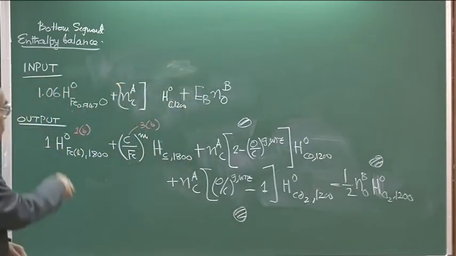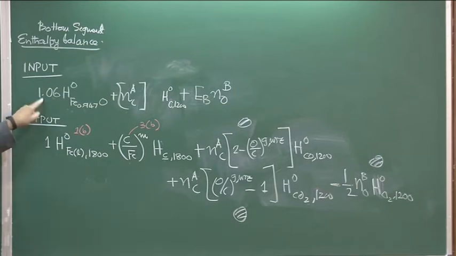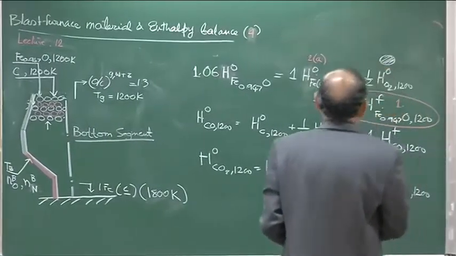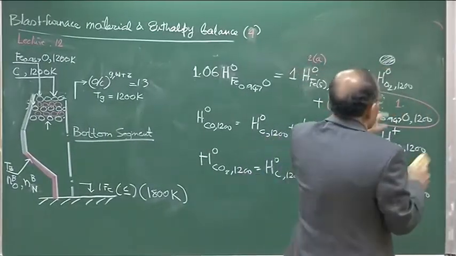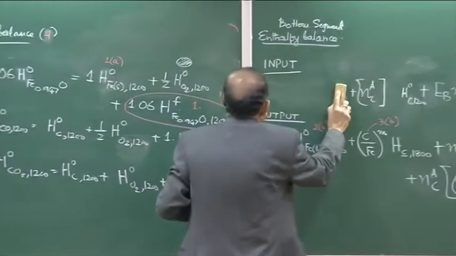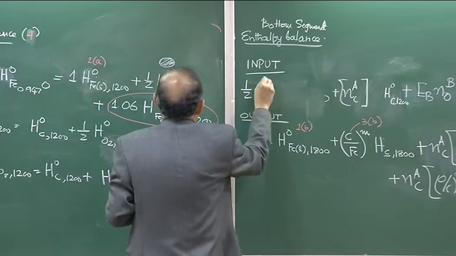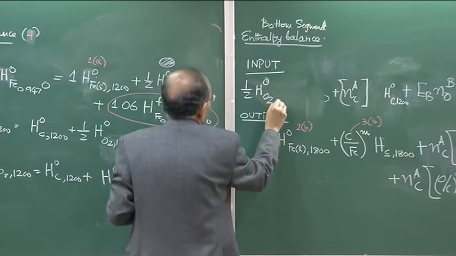because C by Fem I have taken to the other side, and from this 3 terms originated, 2 I have already shifted as shown here. So, what I am left with is this particular term. That is half H naught O2 at 1200.